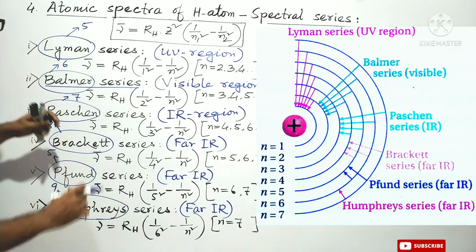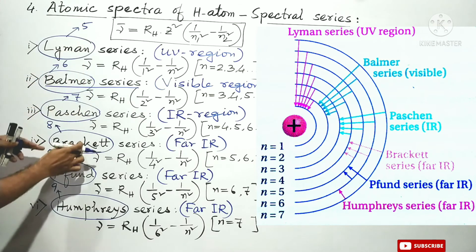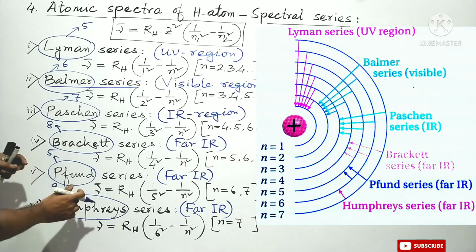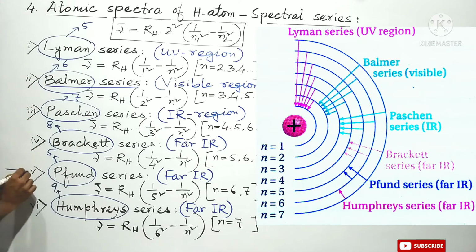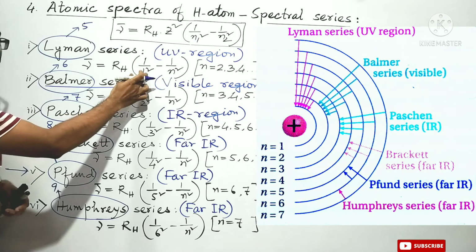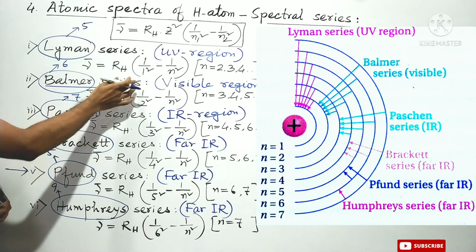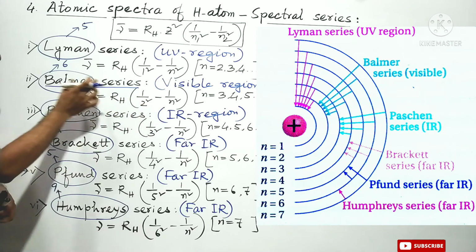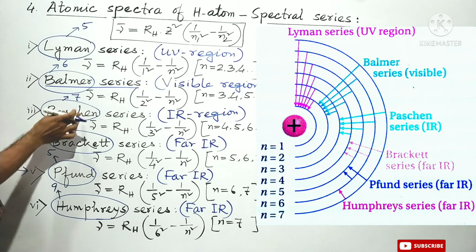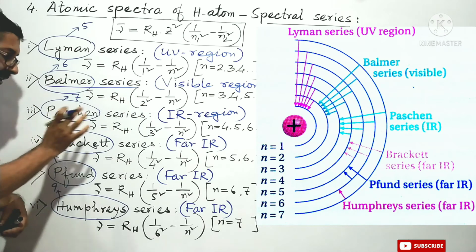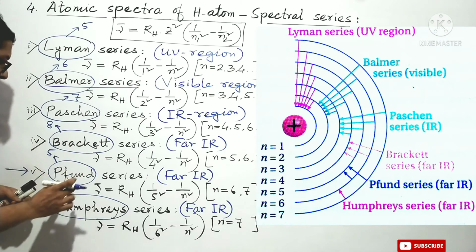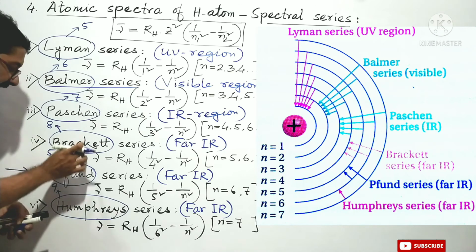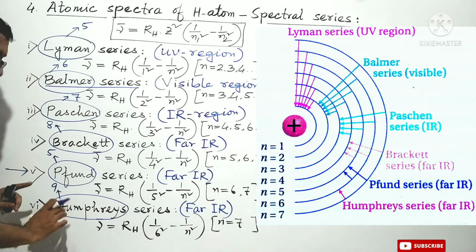So it is 5, 6, 7, 8, 9, and of course Pfund is the exception. Lyman is 1, so it contains 5 letters. Balmer is 2, so it is 6 letters. For Paschen it is 7 letters. Brackett is an 8 letter word, and Humphreys is a 9 letter word.